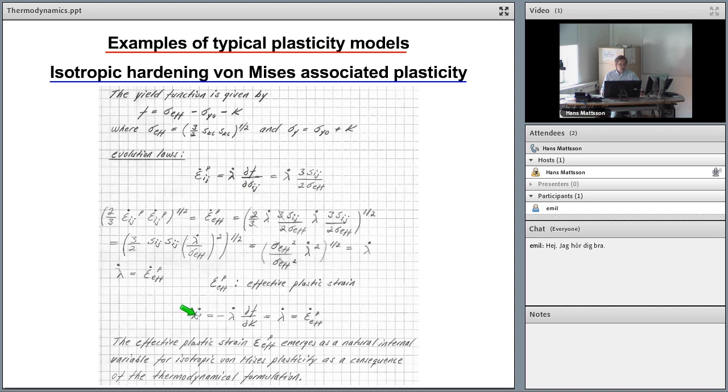So the internal variable is equal to the plastic multiplier, that's equal to the effective plastic strain increment. And then the effective plastic strain emerges as a natural internal variable for isotropic von Mises plasticity as a consequence of the thermodynamical formulation. We have, in fact, proved that also here.